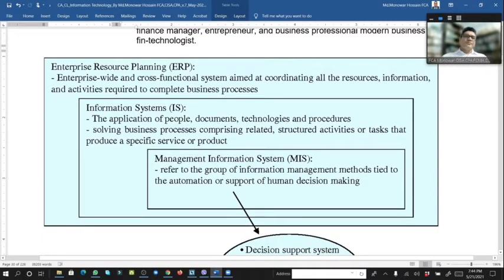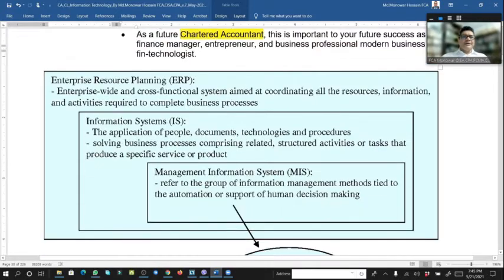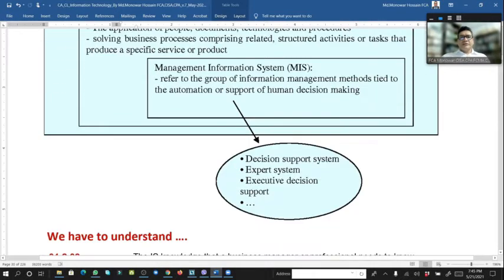Look here. Management information system refers to the group of information management methods tied to the automation or support of human decision making. And within management information system, there are different types of system.